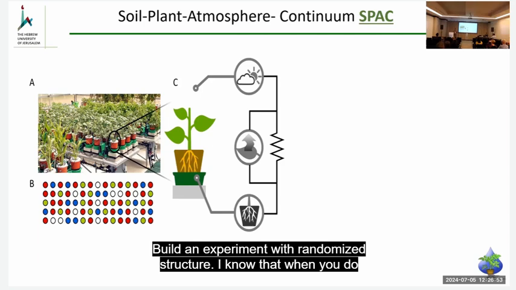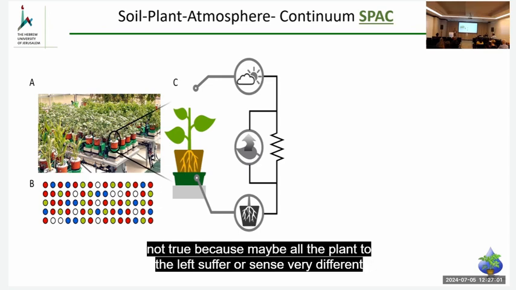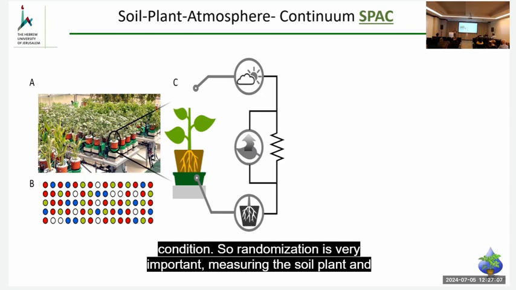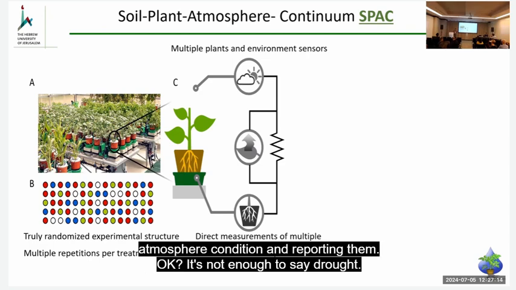I know that when you do irrigation, it's easier to divide 2 blocks, to put one pipe to the left and the other pipe to the right. This is fantastically easy, but it's not true because maybe all the plants to the left suffer or sense very different conditions. So randomization is very important. Measure the soil, plant, and atmosphere conditions and report them, okay?